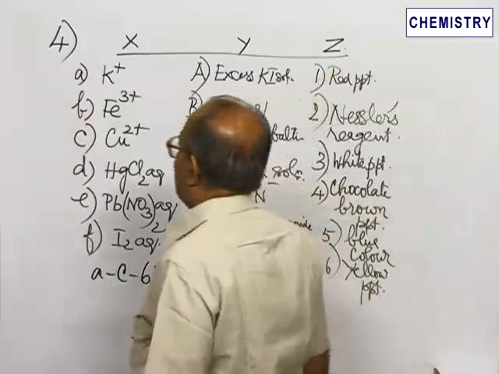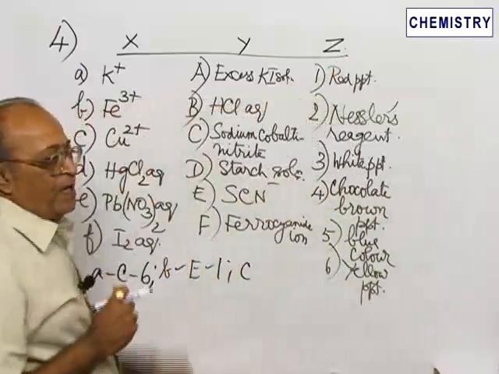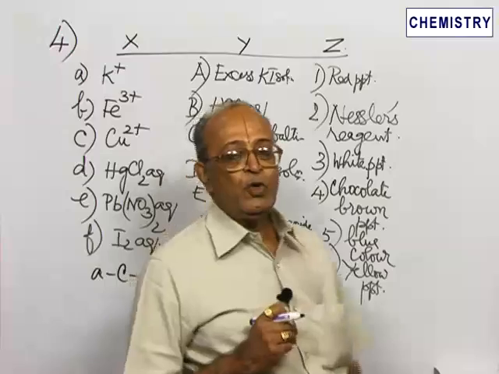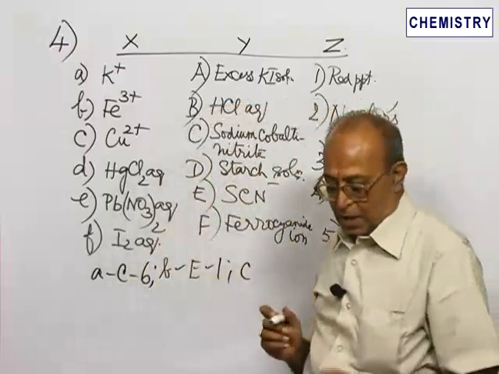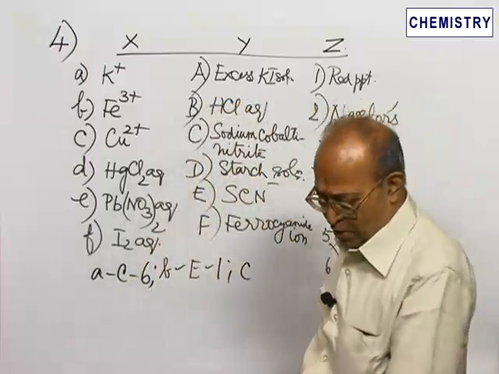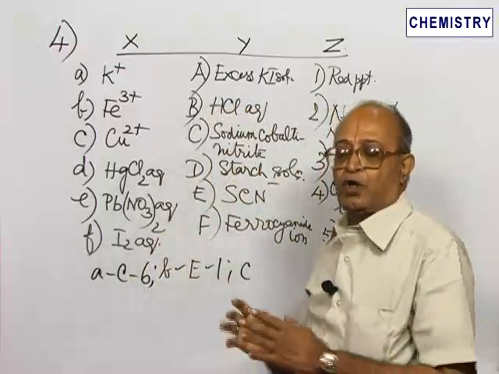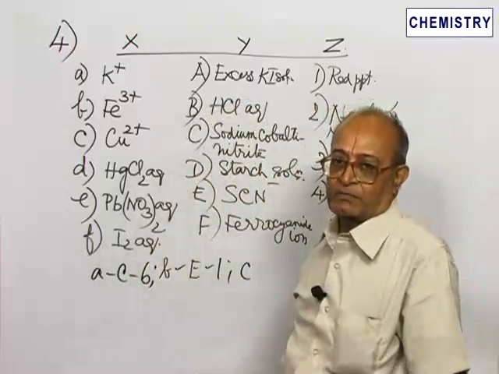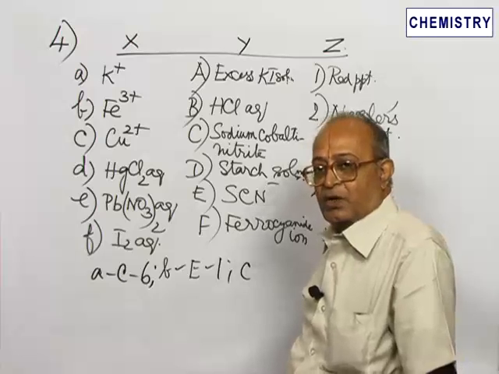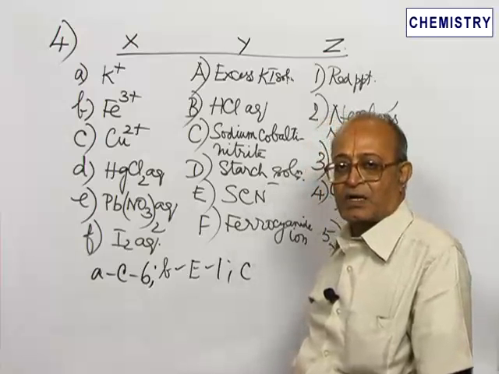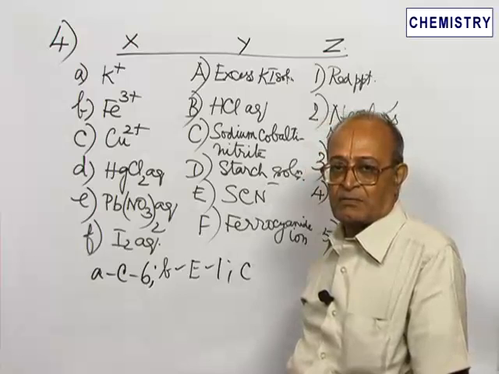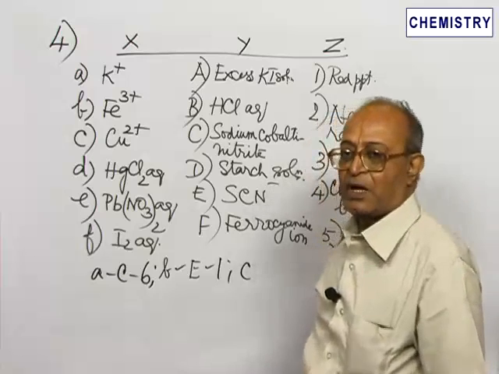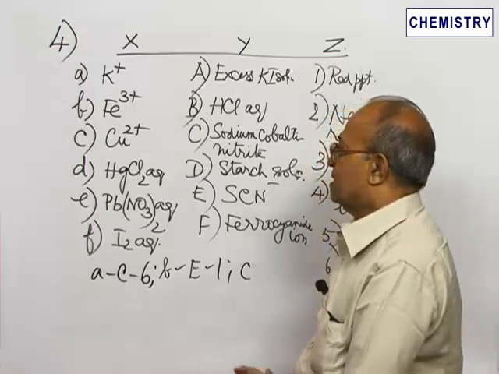Similarly, consider cupric ion, Cu2 plus. Now, in this connection, I want to mention one point. Usually, cupric salts are colored, whereas cuprous salts are colorless. Most of the cuprous salts are found to be colorless in nature.